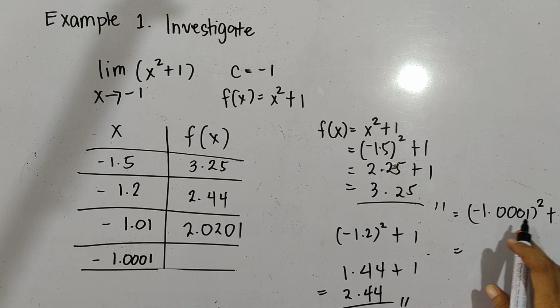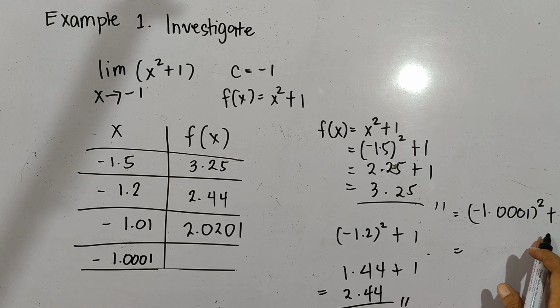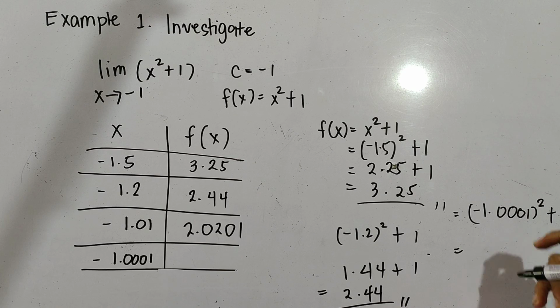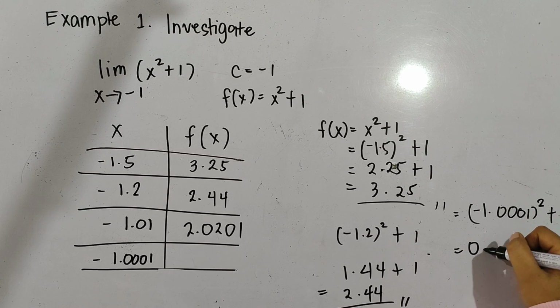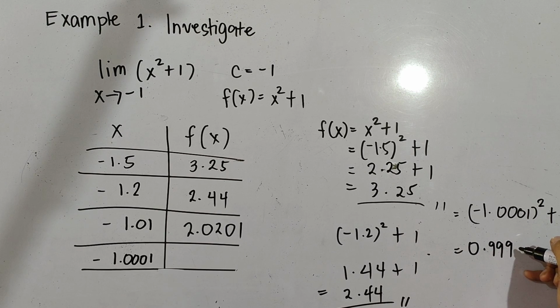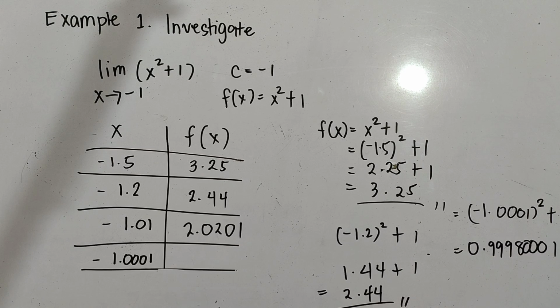Negative 1.001 raised to the power of 2 is equal to 1.002001 plus 1 is equal to 2.002001. So this is the value.